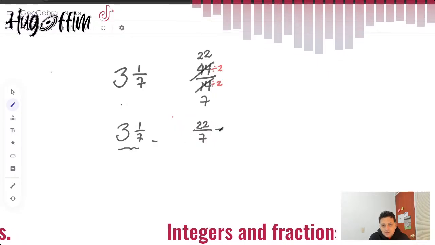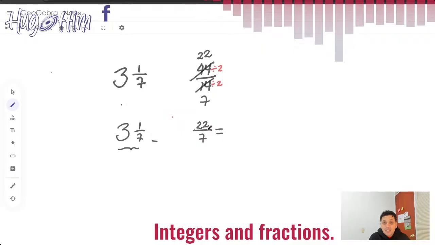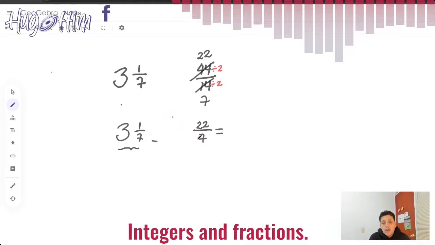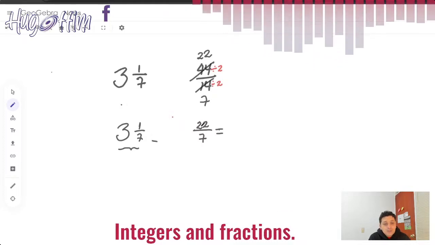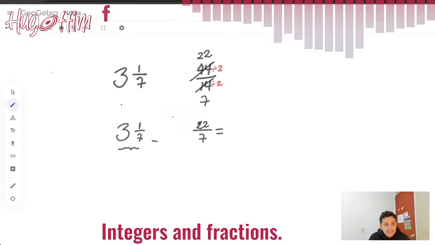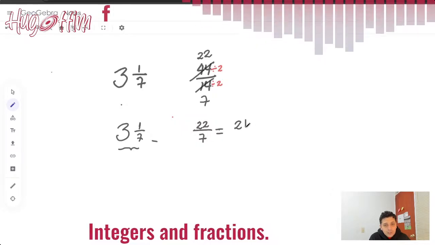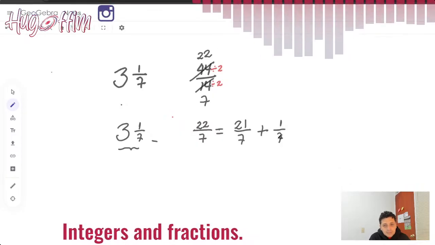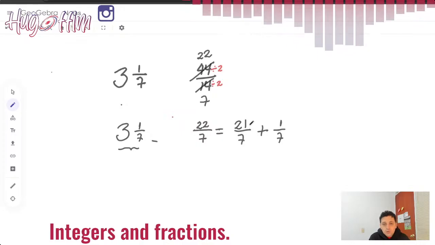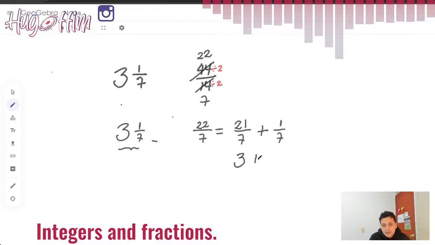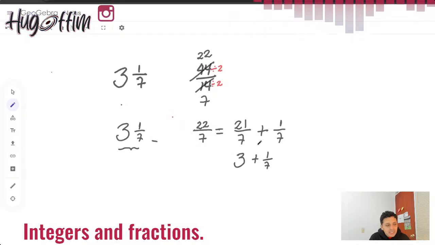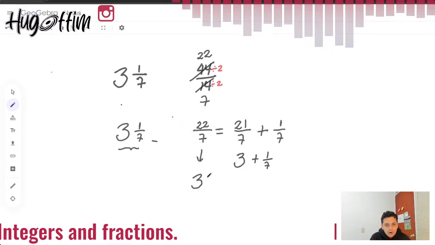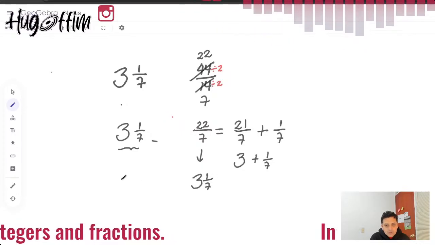So I can rewrite this fraction, 22 over 7, by using a multiple of 7 that is close to 22, and in this way I can rewrite it as a mixed number. So for example, 22 over 7, I could write it as 21 over 7 plus 1 over 7. 21 plus 1 is 22. So 21 divided by 7 is 3, plus 1/7. So essentially, what I got here is that 22 over 7 is 3 wholes and 1/7. So it's going to be equal.